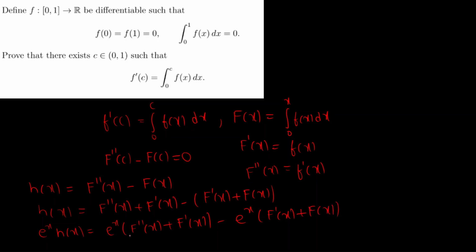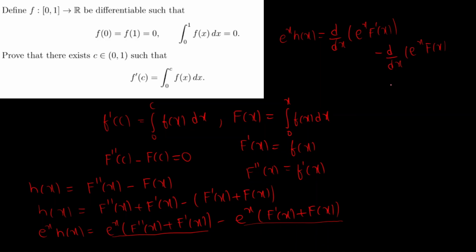Now you can see that this is of the form product rule and this is of the form product rule. e power x h of x is equal to d by dx of e power x F dash of x minus d by dx of e power x F of x.